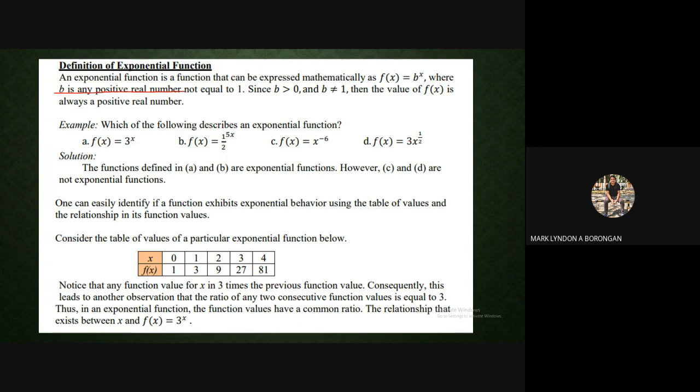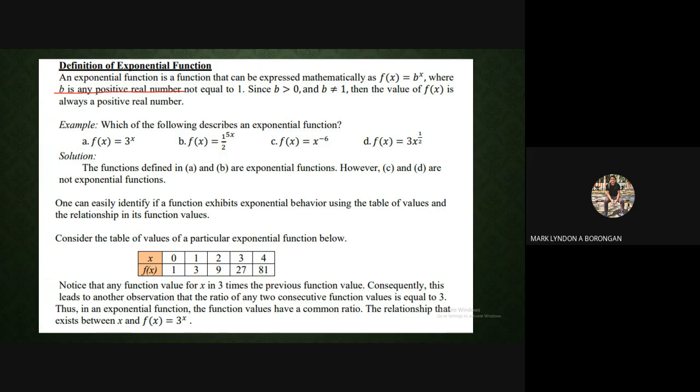When x is 1, f of x is 3. When x is 2, f of x is 9. When x is 3, f of x is 27. And when x is 4, f of x is 81.